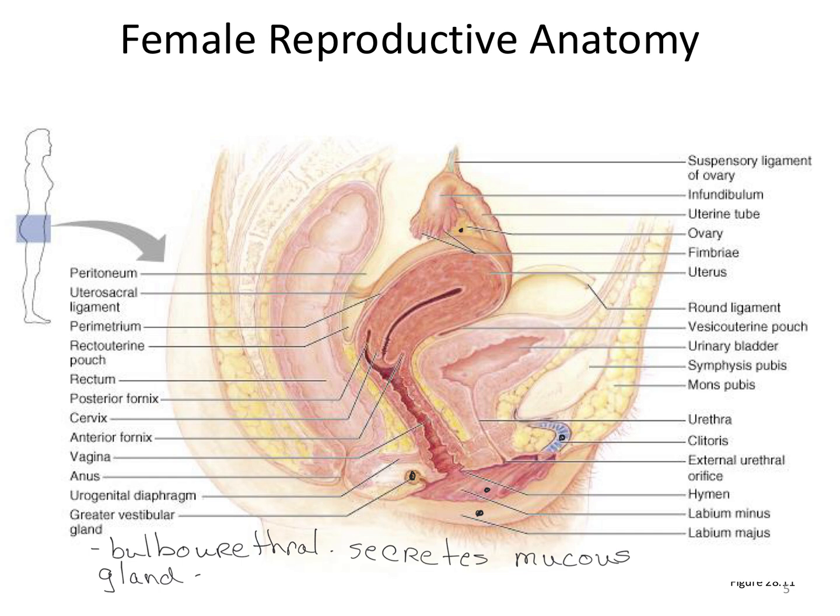We have our ovaries, which is where our eggs are made, and where our sex hormones are made.